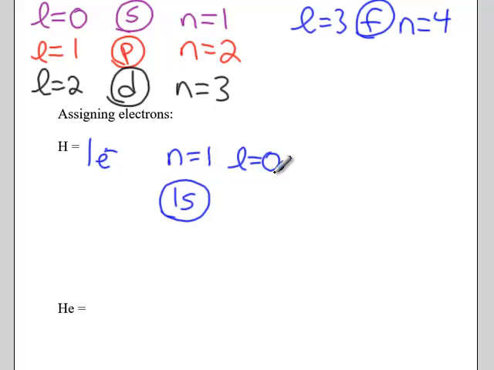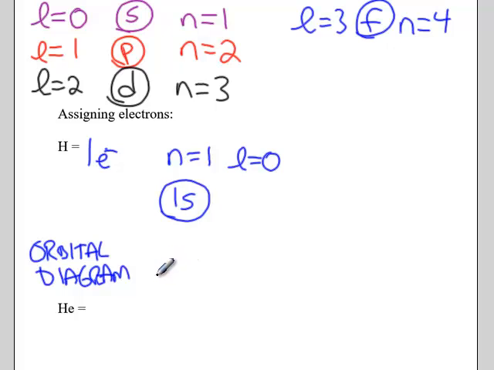When we assign the electrons, we're going to first draw what's called the orbital diagram. And the orbital diagram shows a box as an orbital.